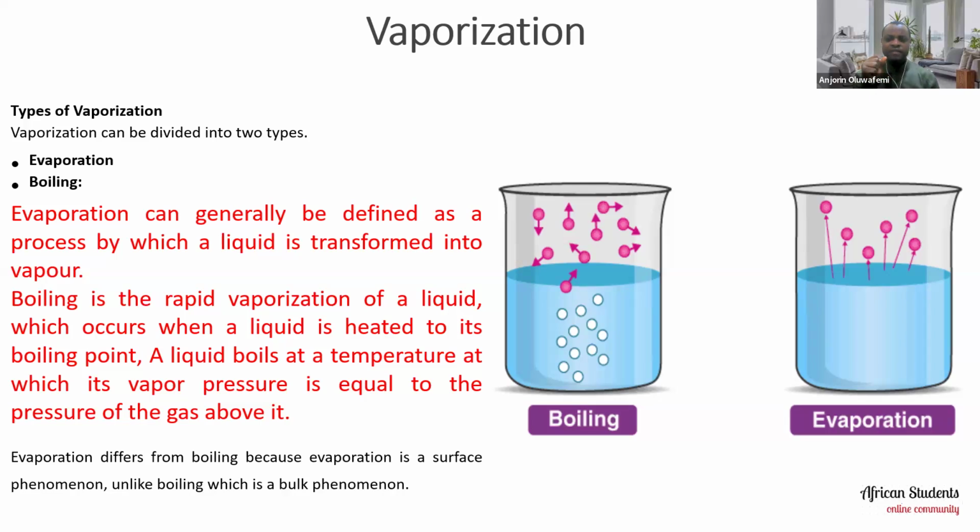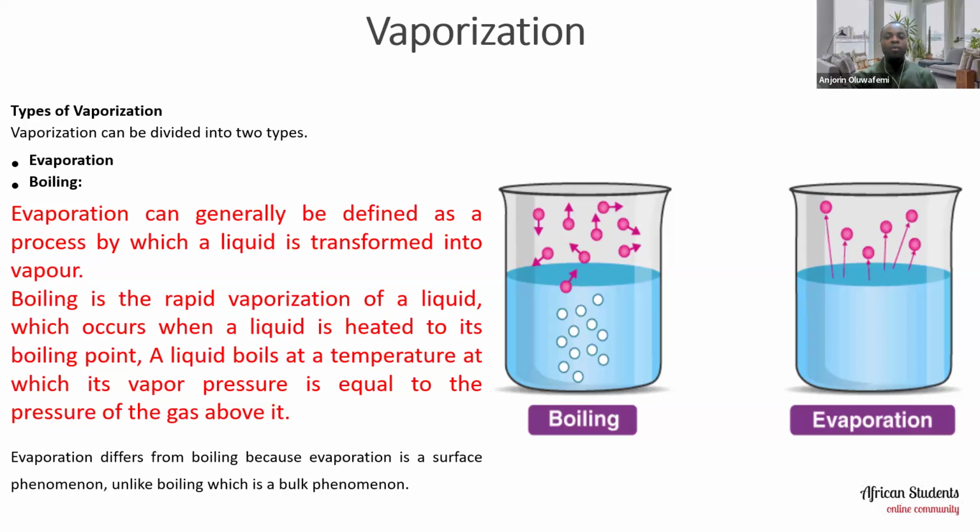So evaporation differs from boiling because evaporation is a surface phenomenon, unlike boiling, which is a bulk phenomenon. You have a total experience with boiling, but with evaporation, it's a surface phenomenon. It takes place at the surface of the vessel.